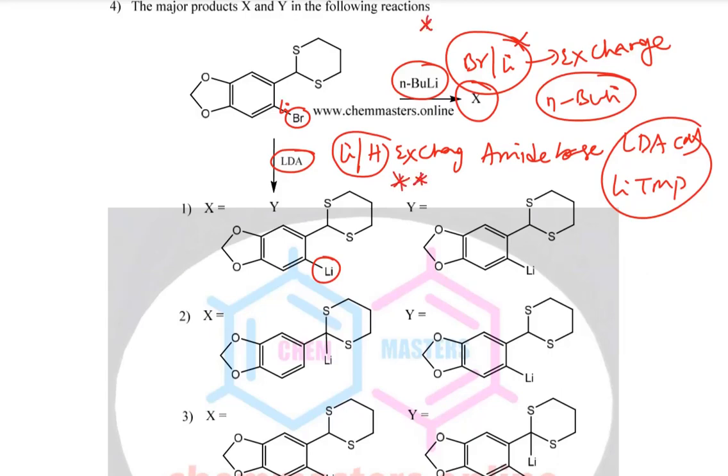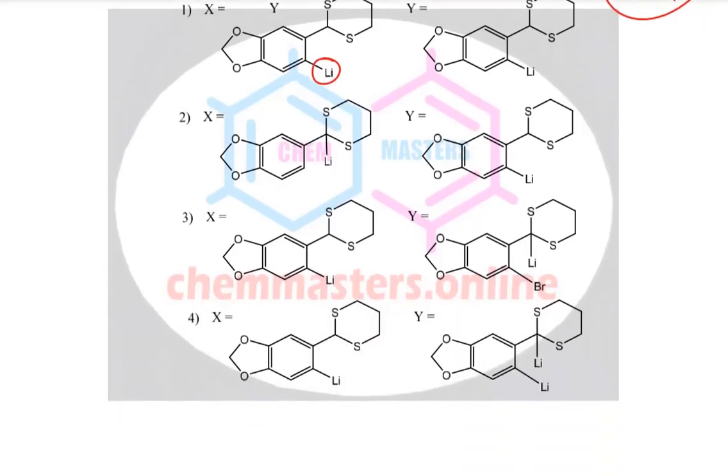From this we can simply say that the more acidic proton is observed from here. So that's why this proton is only picked up by this LDA, and there will be no reaction with that bromine. When you apply butyl lithium, only bromine-lithium exchange is observed. When you apply LDA, there is no bromine-lithium exchange, but the acidic proton is picked up by that LDA. So lithium plus and here is the minus. Option 3 is the correct answer.